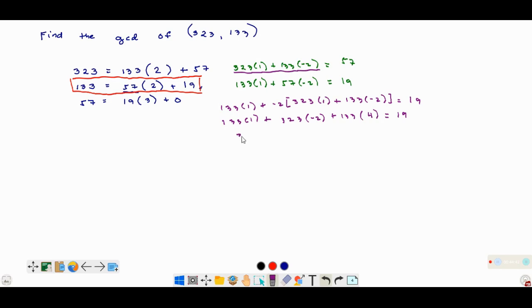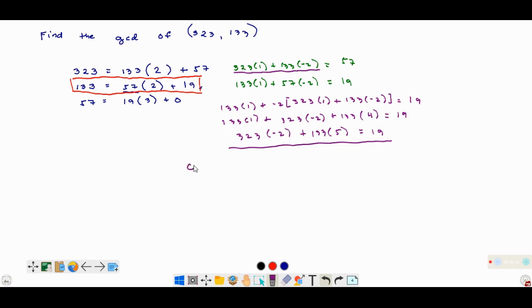We have 323 times negative 2 plus 133. Meron ka isa dito, 133. Meron kang 4 dito, 1 plus 4, 5. Galing. 133 times 5 is equal to 19. So, this is our linear combination for the GCD 19 using 323 and 133 as A and B.